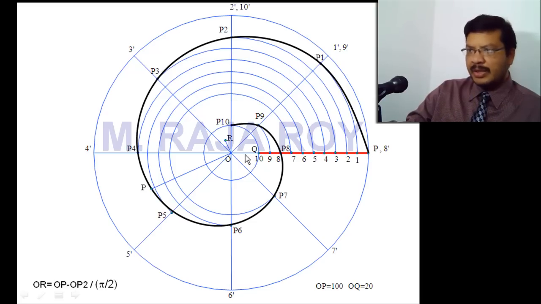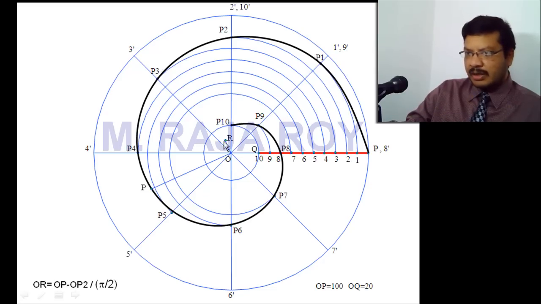Suppose if you take OP and OP1, the angle between them is pi by 4, 45 degrees, so you have to divide by pi by 4. So here I am taking P and P2, that means OP and OP2. The difference of these two distances divided by the angle between these two lines, that is pi by 2, will give the length of OR.